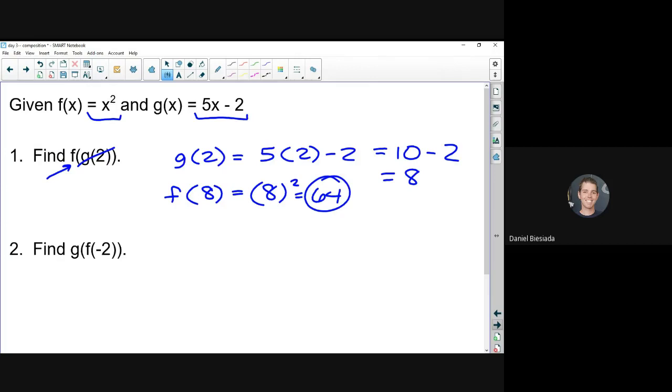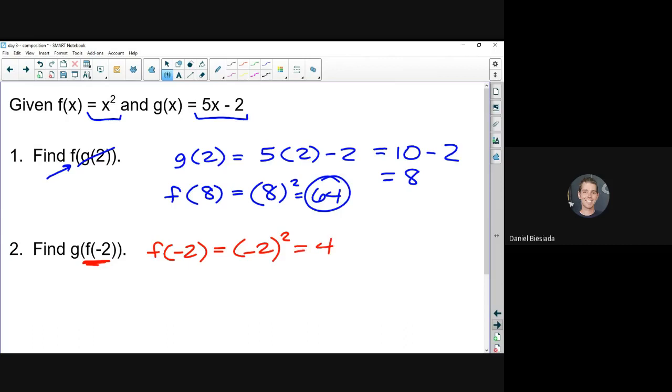For our second problem down here, we have g of f of negative 2. Innermost function here is f of negative 2. So I'll start with that. One thing we've talked about before is making sure that when we put numbers into equations, we do use parentheses. It's especially important here with f of x, because if I forget the parentheses on that negative 2 squared, I'll get a wrong answer.